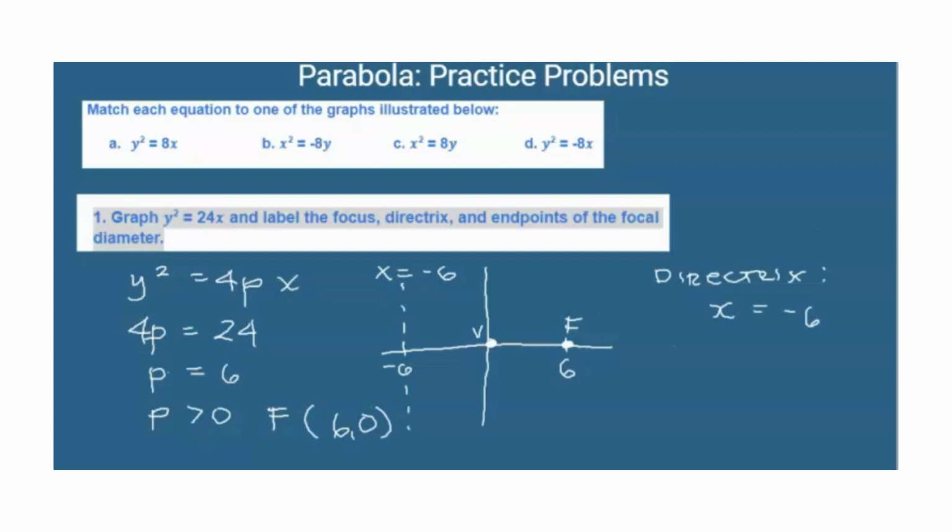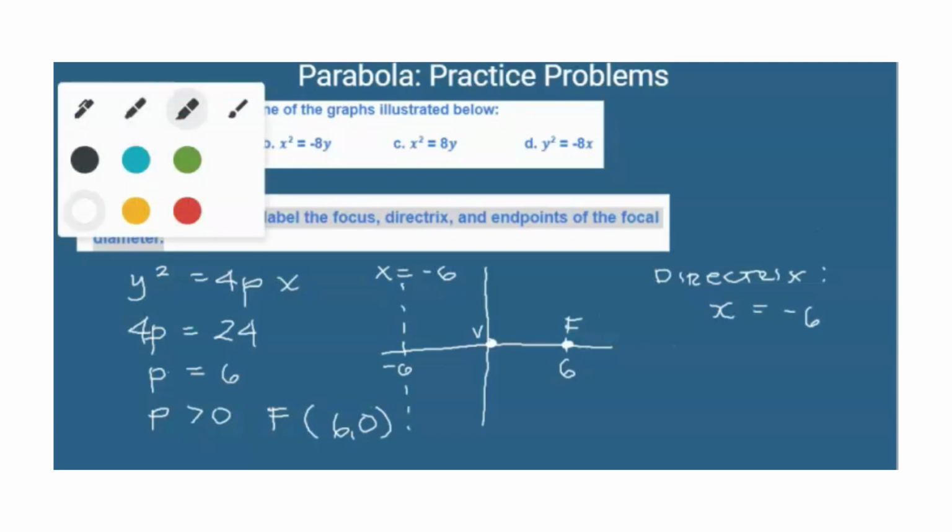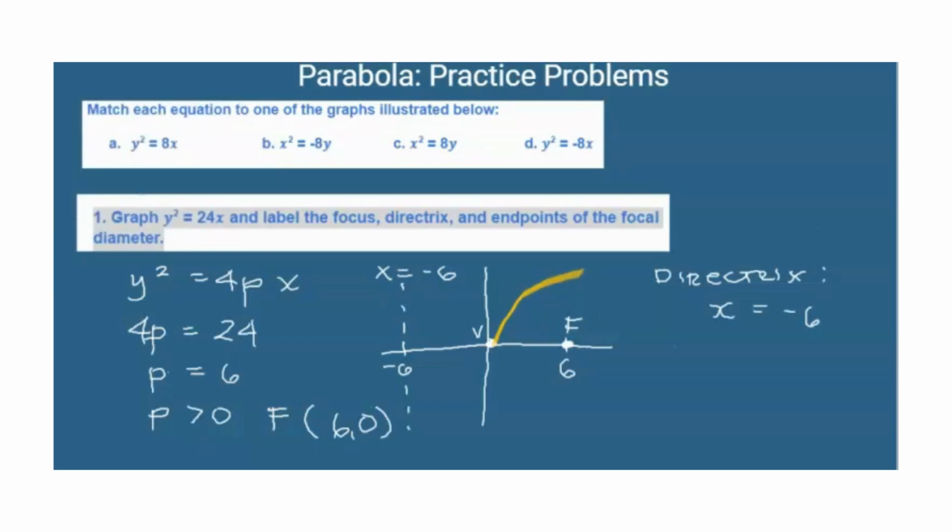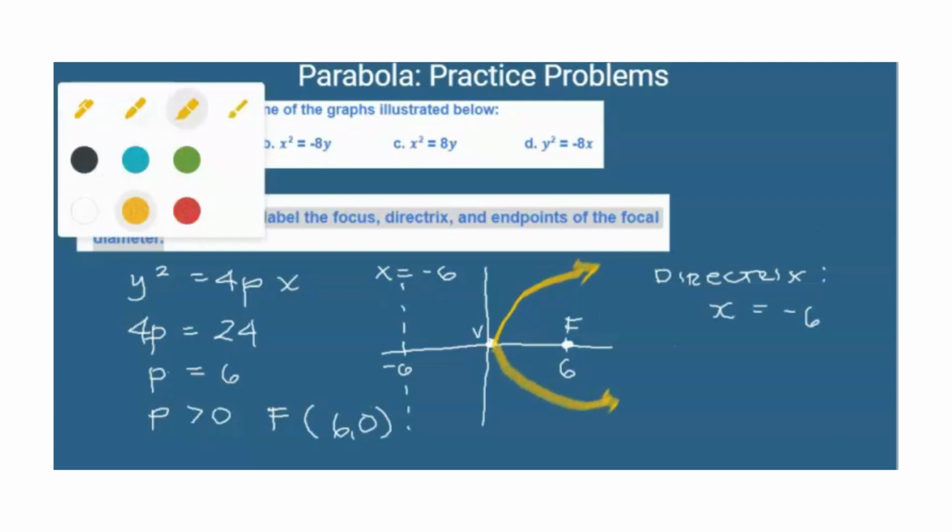The endpoints of the focal diameter, so let's just graph that. Okay. So the focal diameter endpoints have the same coordinate as the focus, and the endpoints would be at plus or minus 2p.